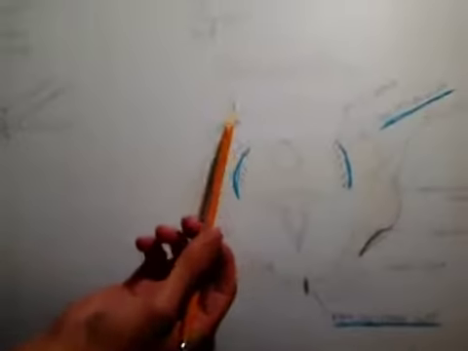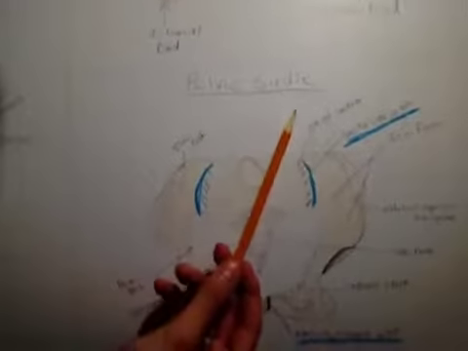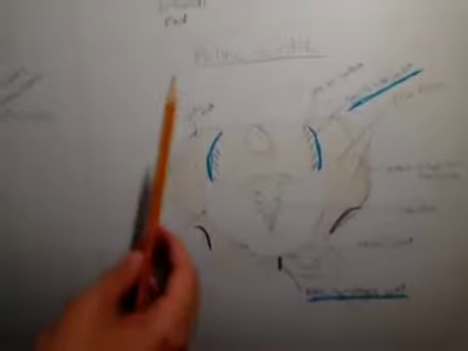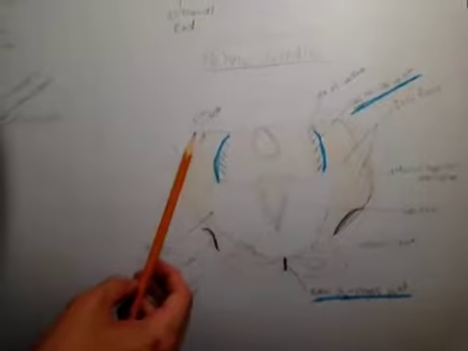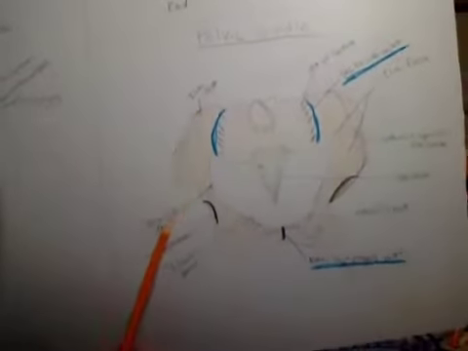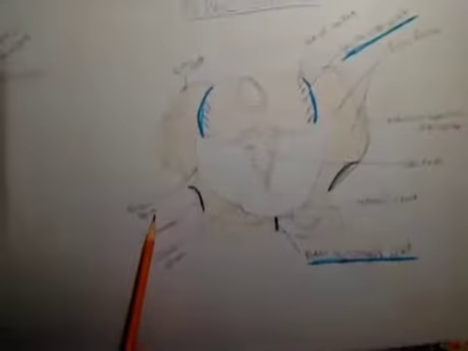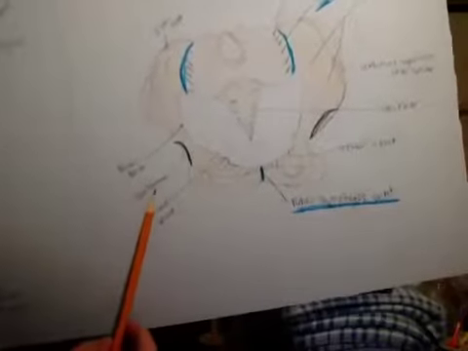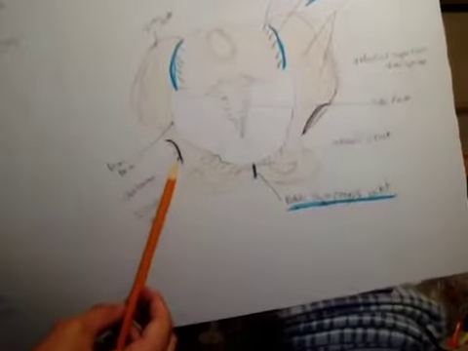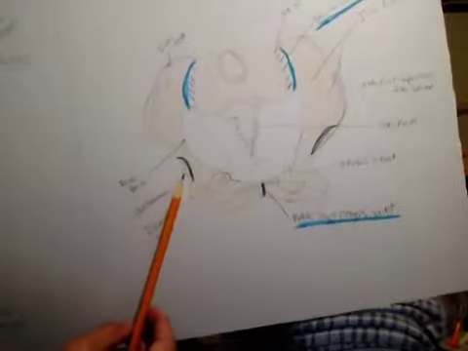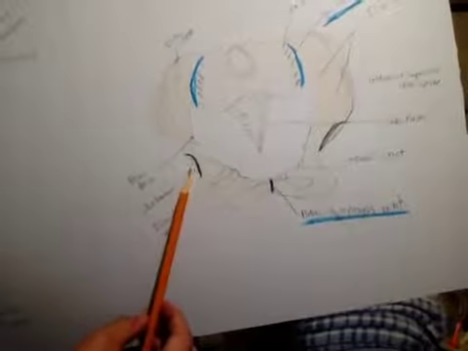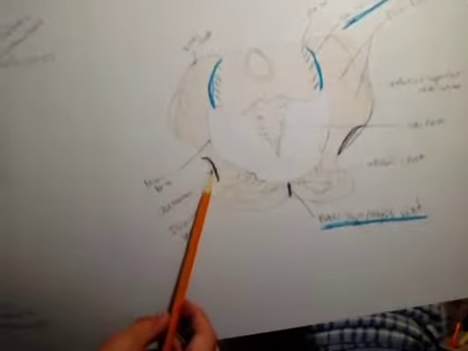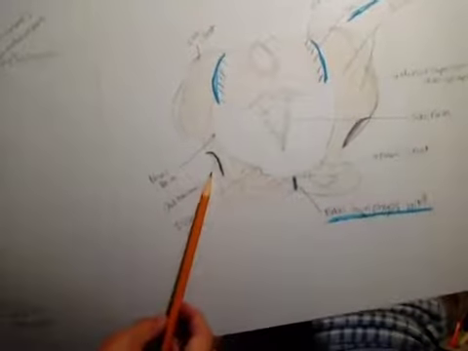Anyways, for the second articulation, we go to the pelvic girdle, which we'll go over the parts right now. The iliac crest, this part right here, and we have the pelvic brim right over here. And then we have the acetabulum right here. Another fun fact, it articulates with the head of the femur.